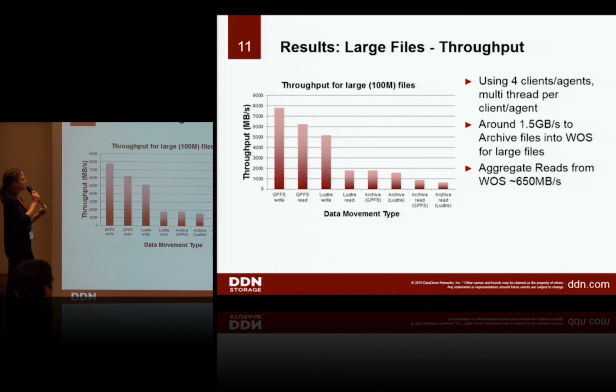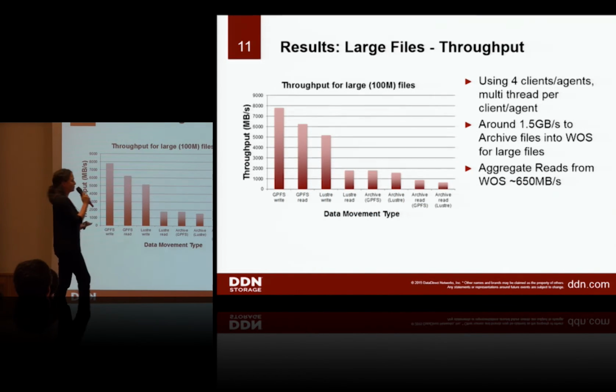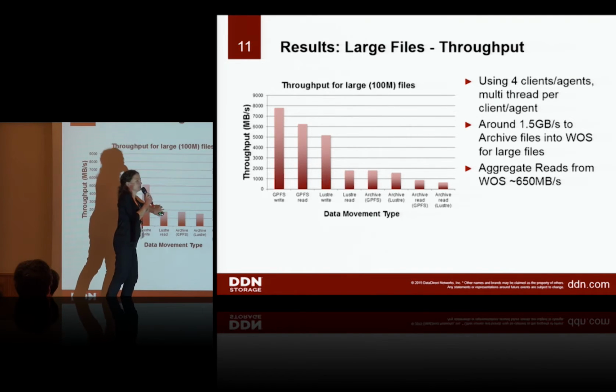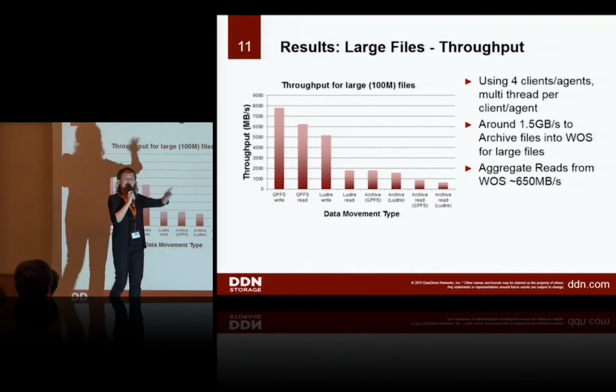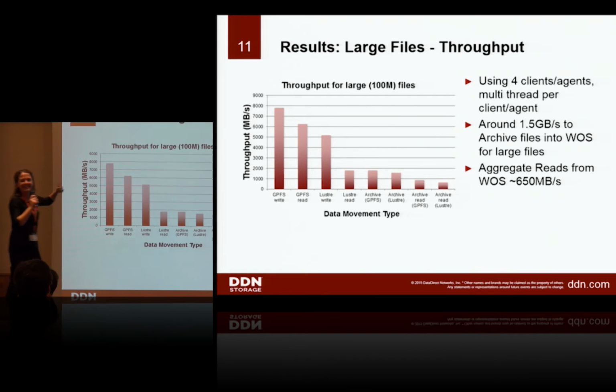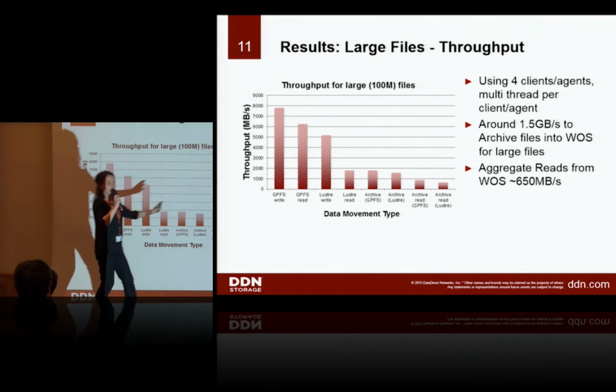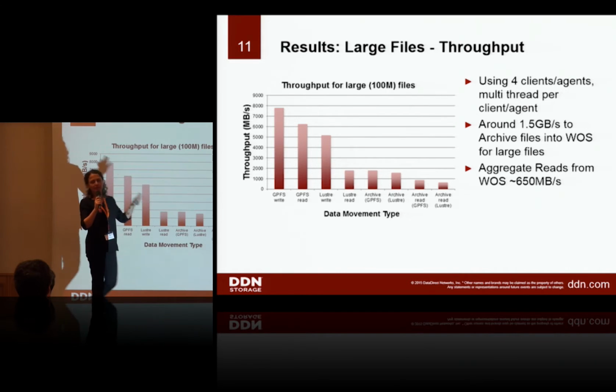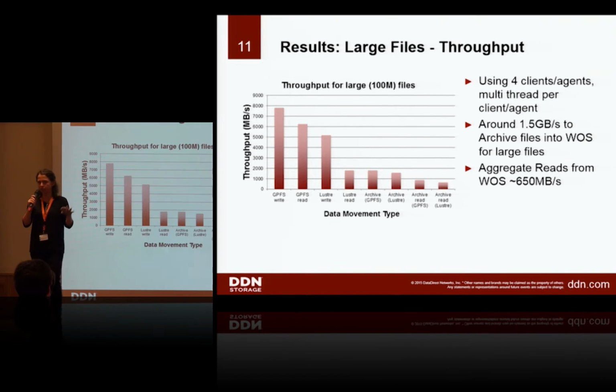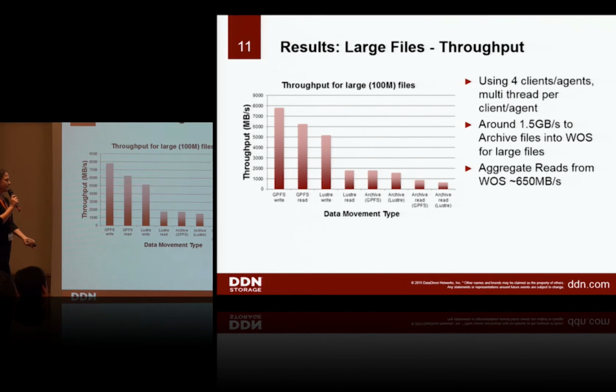Here we have a second slide. Excuse me, there is a big gap, so this number is wrong. But if we forget the left side of the diagram and focus on the archiving numbers, we ran 4 clients, multiple threads, archiving data and recovering data that has been deleted from the file system.